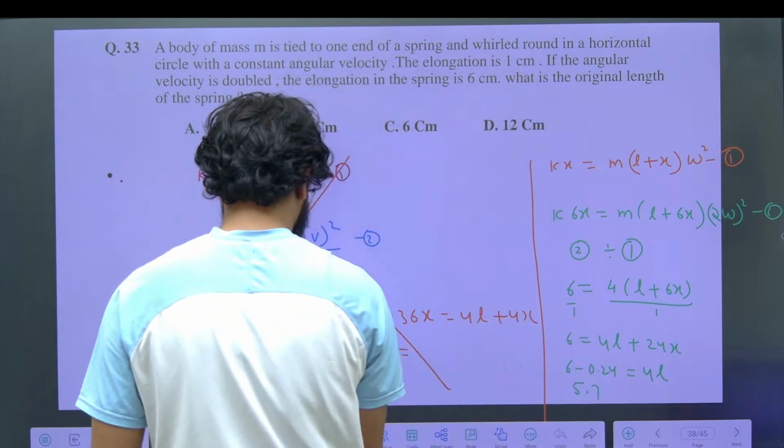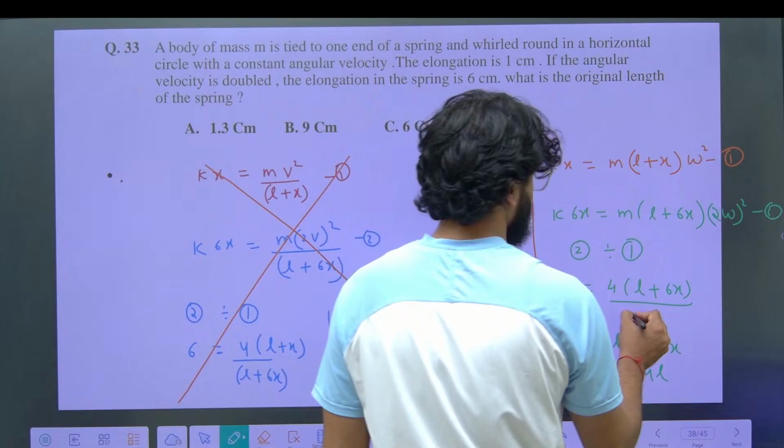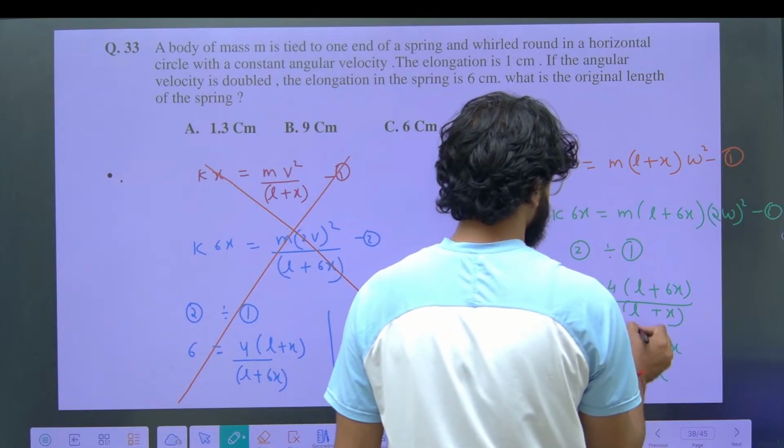Acha, I have missed L plus x. So that is L plus x, correct?